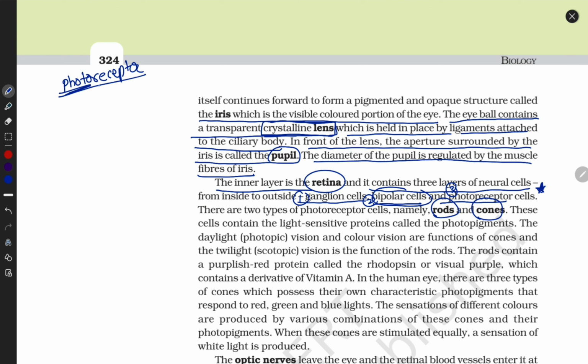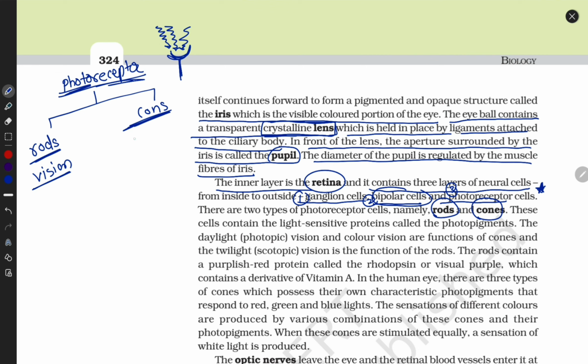Why do I call them photo and receptor? Because these receptors receive light, photons. They are divided into two parts, rods and cones. Rods are especially useful for vision, and cones are useful for color distinguishing, different color experience.